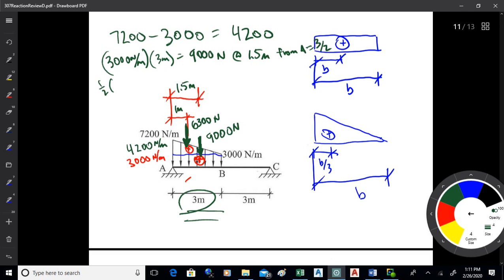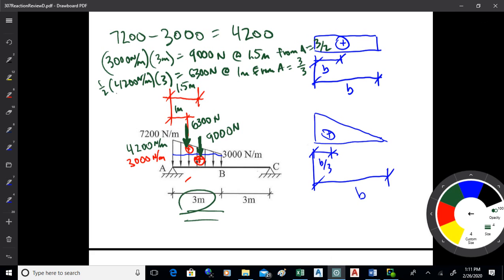The other one's a triangle, so that's 1/2 times 4,200 newtons per meter times 3, and that's 6,300, and that's at 1 meter from A, and that's equal to 3 over 3, because you're taking 1/3 of 3. Okay, you okay with that?